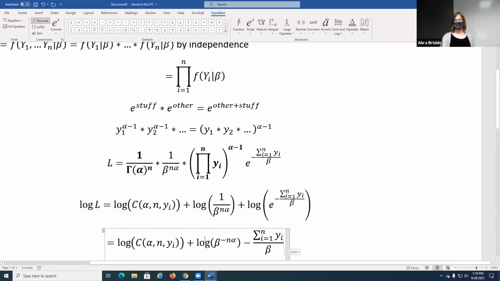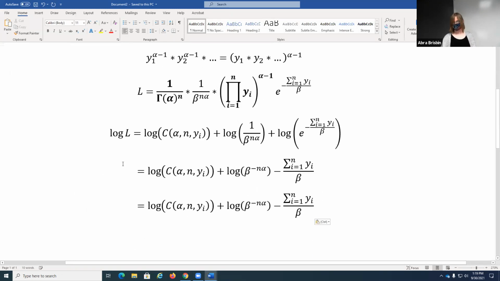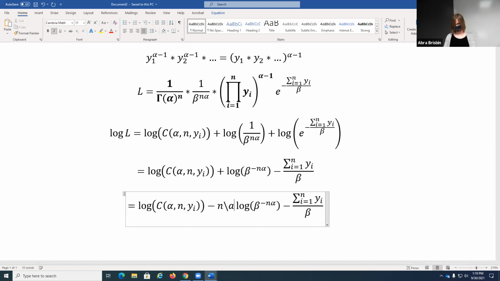And then when we're taking the log of something with an exponent, we can bring the exponent down outside of the log. So we get negative n times alpha times the log of beta.